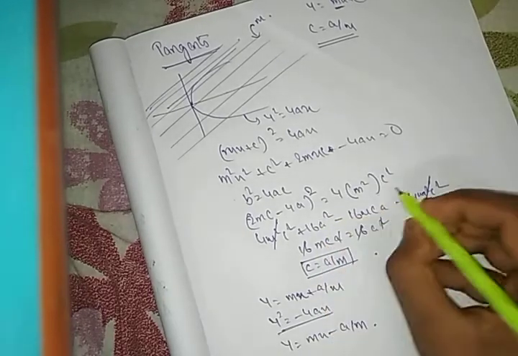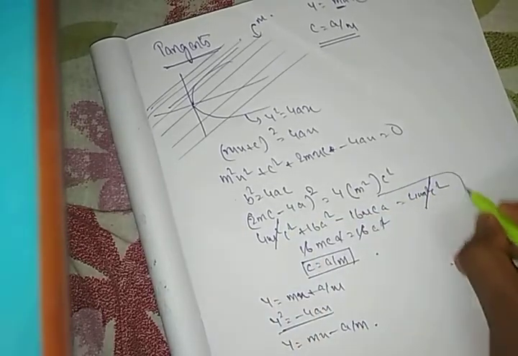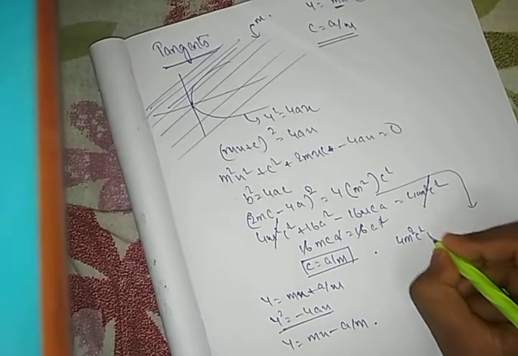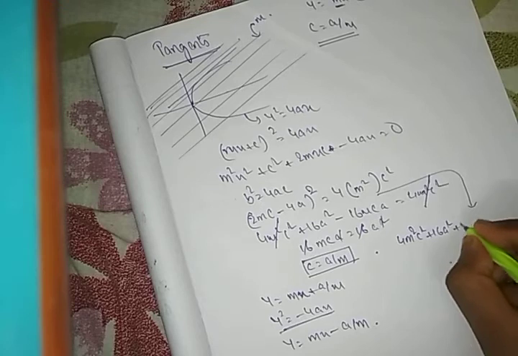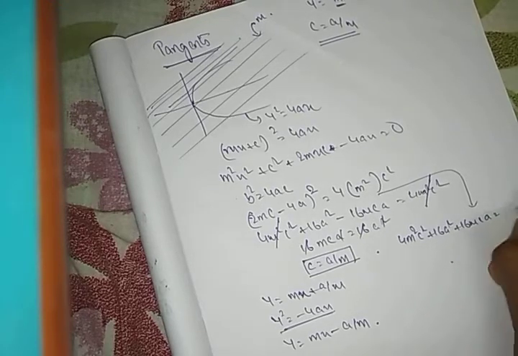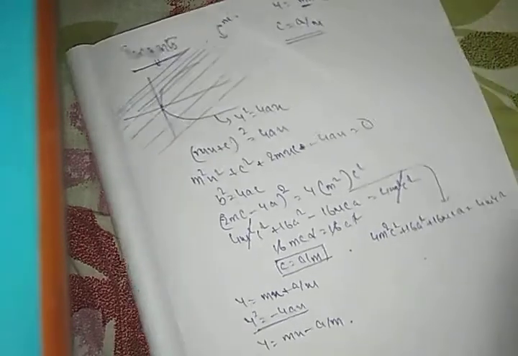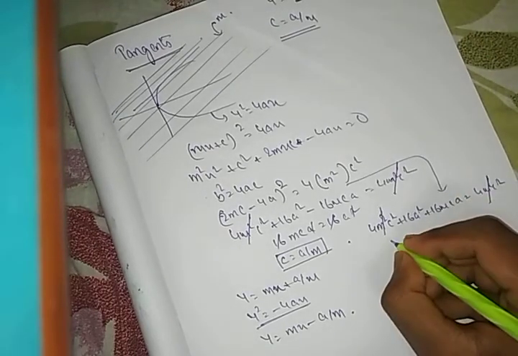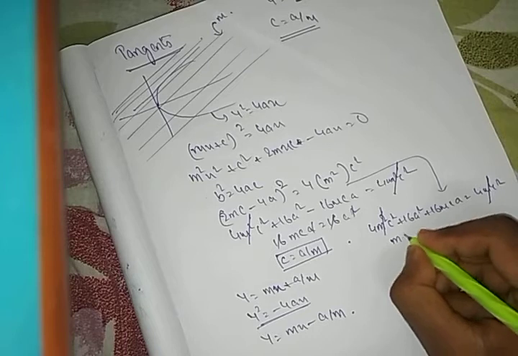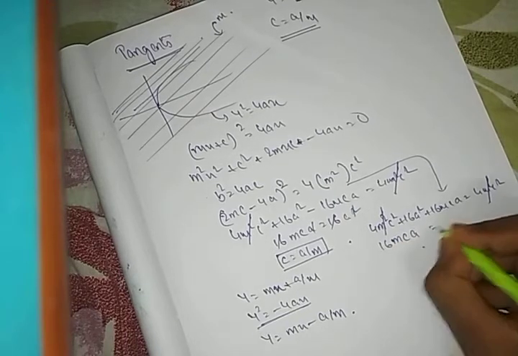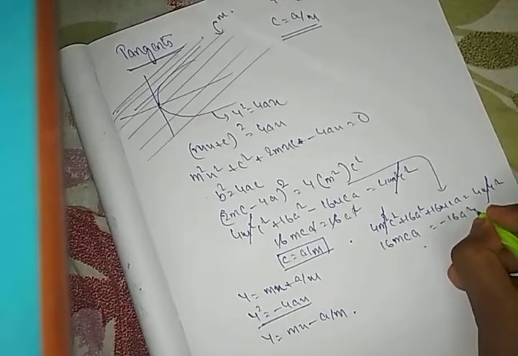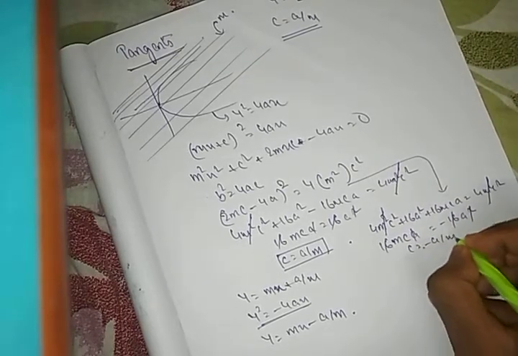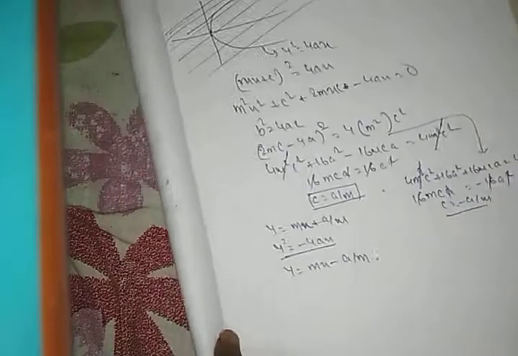I am writing from here that this has become plus, so we have got a statement like 4m square c square plus 16a square plus 16mca equal to 4m square c square. This will get cancelled again, but in a different way: 16mc is equal to minus 16a square. a gets cancelled, 16 gets cancelled, c becomes minus a by m. For y square equal to minus 4ax, this would have been it.